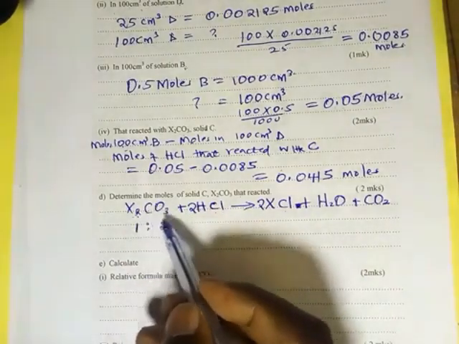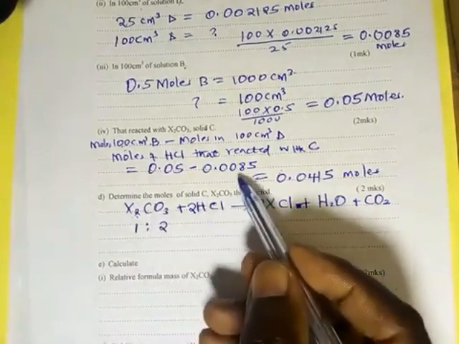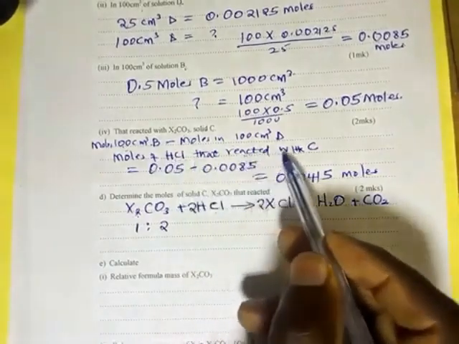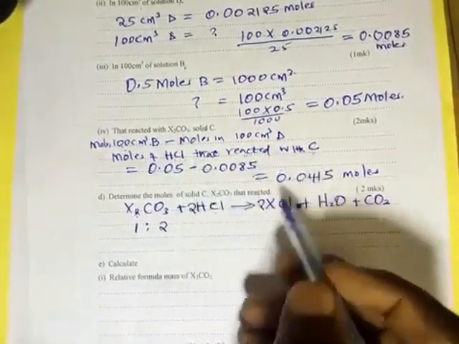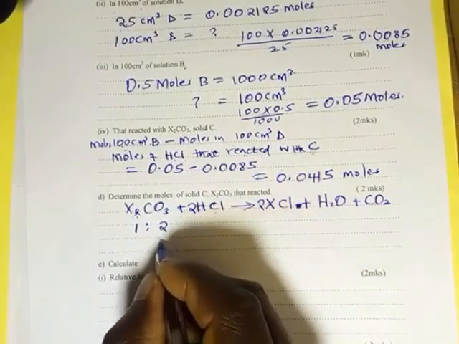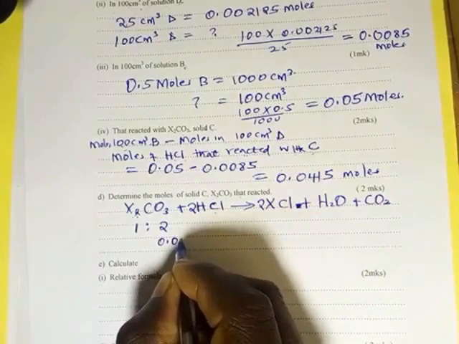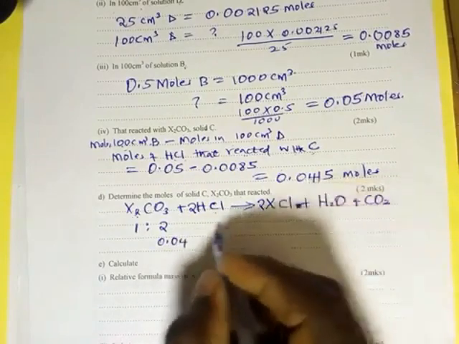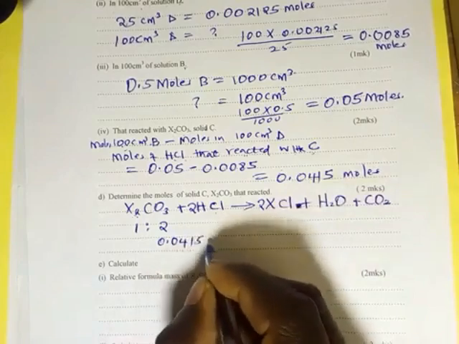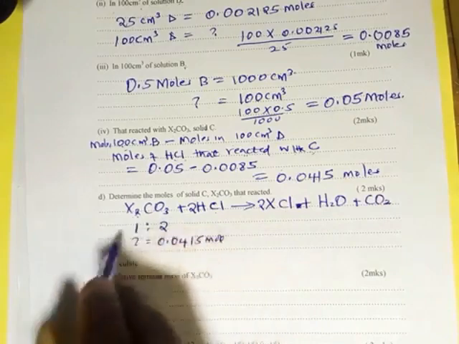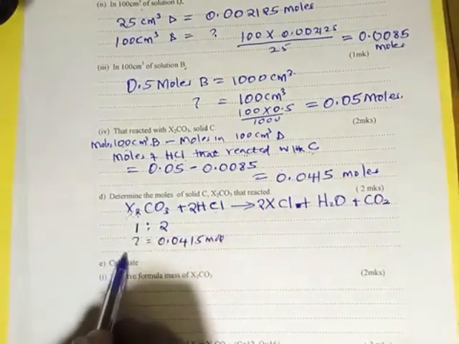But we have the number of moles of HCl that reacted with the carbonate, with C. The number of moles of HCl is 0.0415 moles. So we ask, 1 carbonate will contain how many moles.